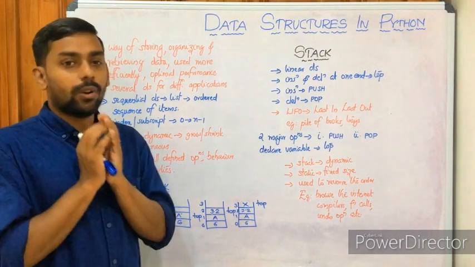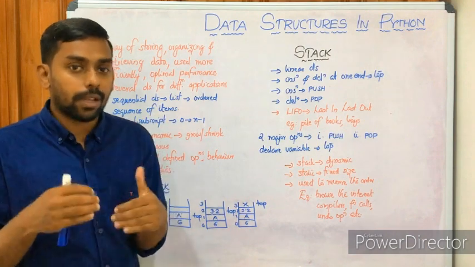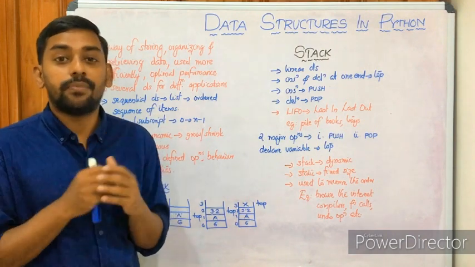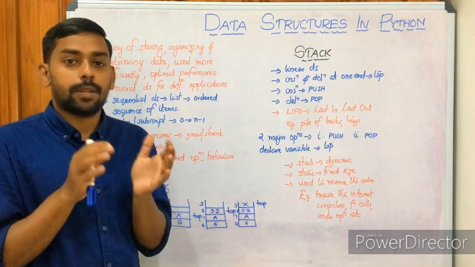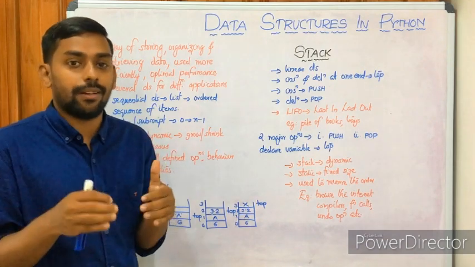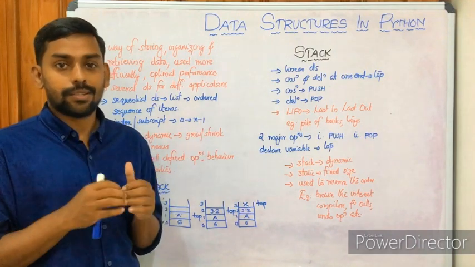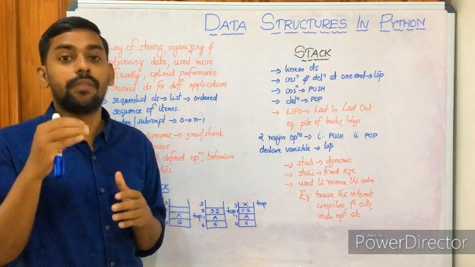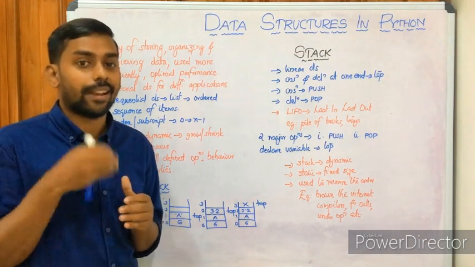We know in every programming language we have the concept of data structures, but the only difference is in its implementation. In C++ we have one kind of implementation, but in Python it is very easy for us to implement the concept of data structures. And here in this chapter we mainly focus on two important data structures, stack and queue.